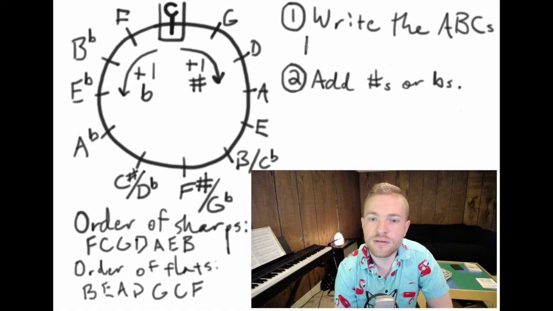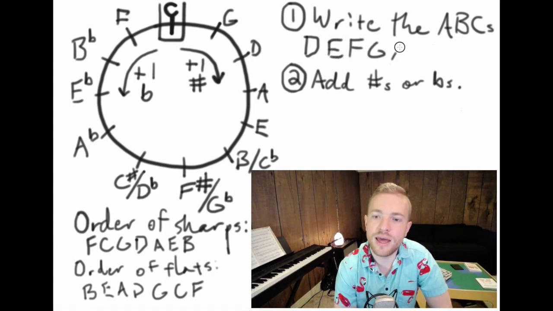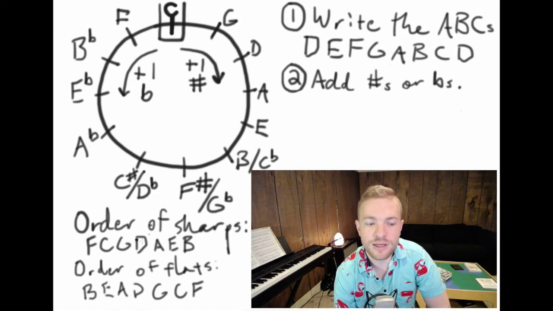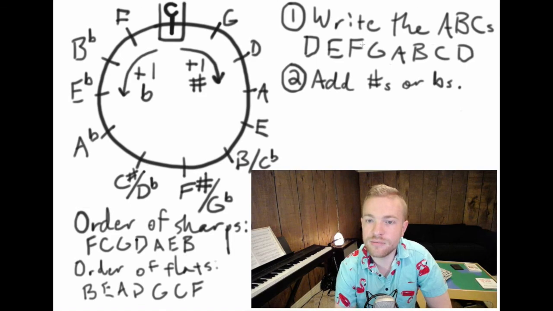So the key of D, our first step would just be to write the alphabet starting on D. So that goes D, E, F, G, A, B, C, and then we'll round it off with one more D at the end, okay? Now we want to add our sharps or our flats. In this case, we're looking at the sharps side of the circle, and we're in the second position, so we would have two sharps in this key, and those two sharps would be from down here, F sharp and C sharp, the first two from the list.